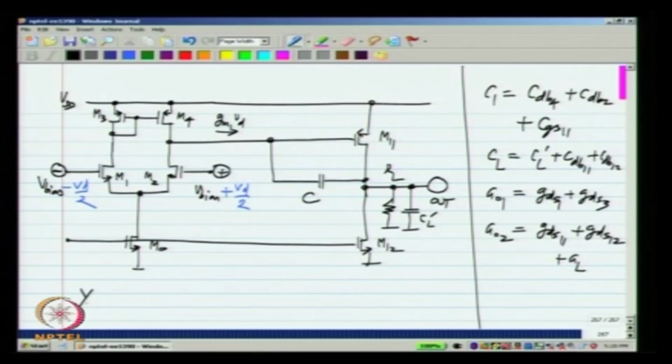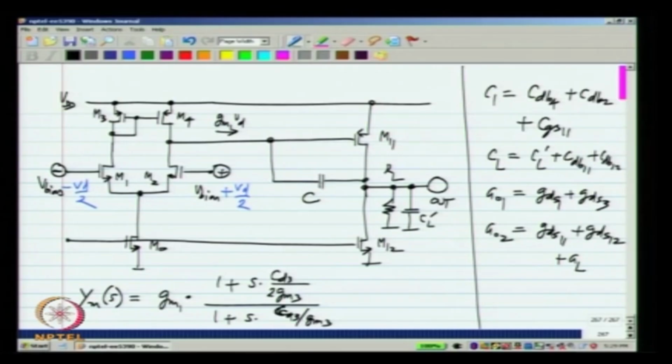So, everything is known, and also the transadmittance of the first stage is nothing but the DC transconductance of the first stage times 1 plus S CD3 by 2 GM3 divided by 1 plus S CD3 by GM3. As we found out while discussing the single stage op amp, there is a parasitic capacitance CD3 here contributed by M1, M3 and M4, and because it acts on only half of the current, we get a pole and a zero.